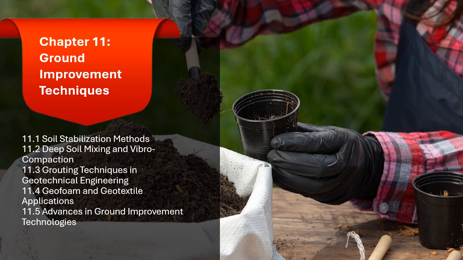2. Lime stabilization. Lime is commonly used to stabilize fine-grained soils, especially clays. It reacts with the clay minerals to form cementitious compounds that improve the soil strength and workability.